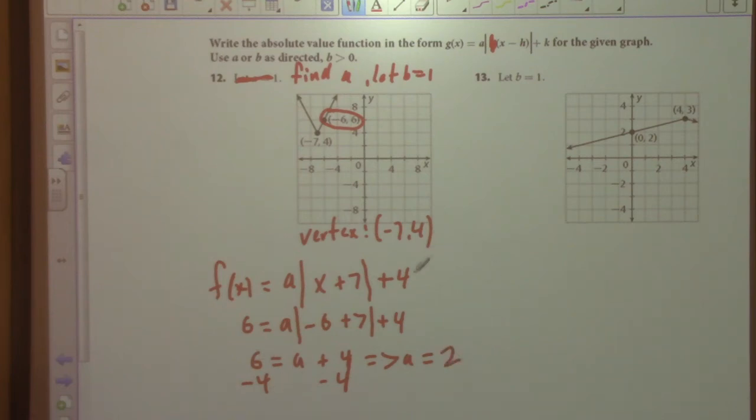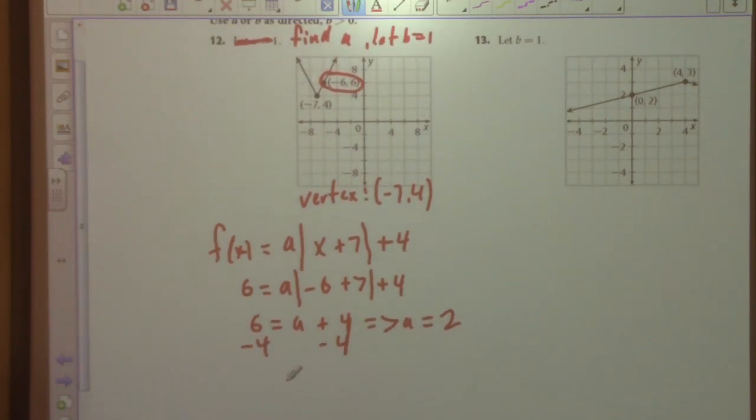So what that gives us is an equation: f of x is equal to 2 times the absolute value of x plus 7, and then outside here we put plus 4.